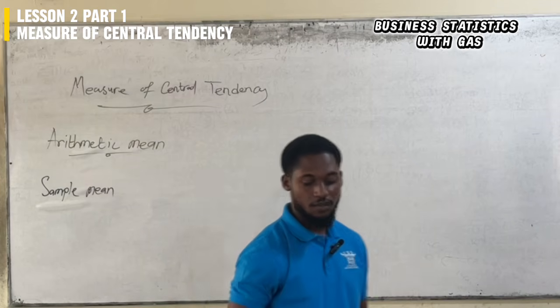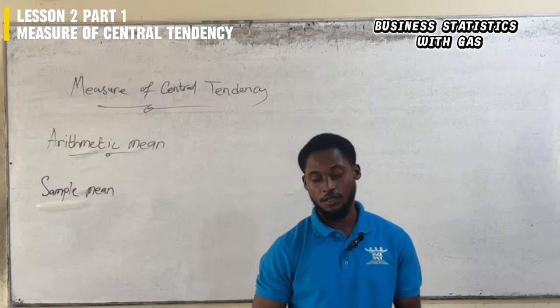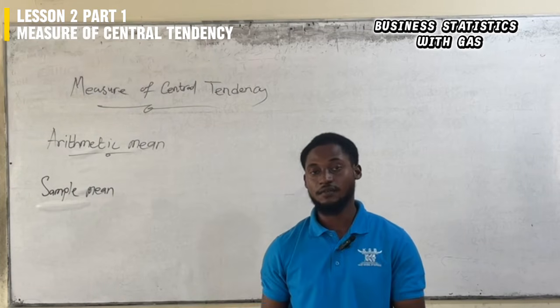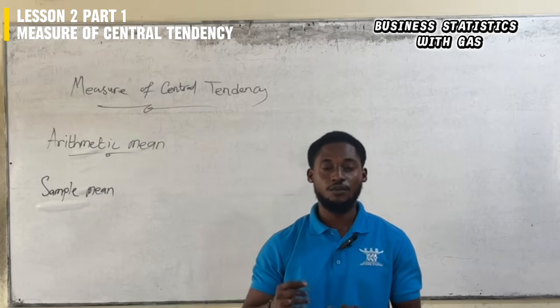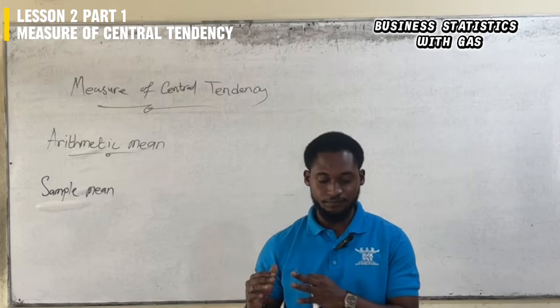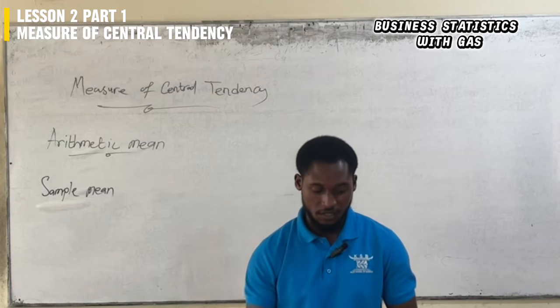So with a sample mean, we select a sample from the population in order to find out something about a specific character of the population. So with a sample mean, we turn out a particular figure from the population.